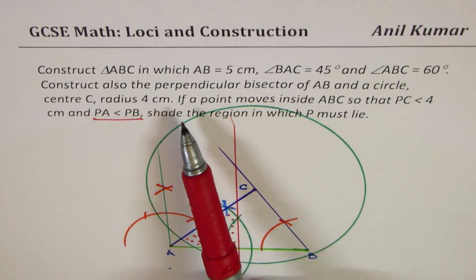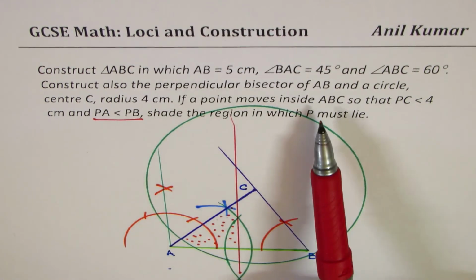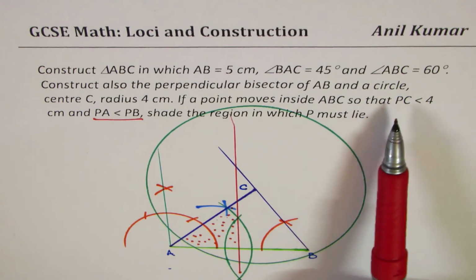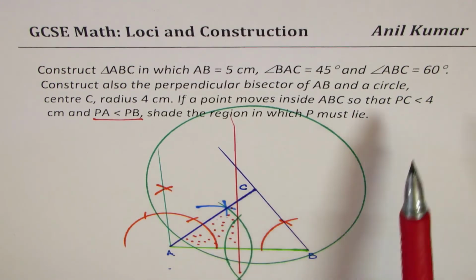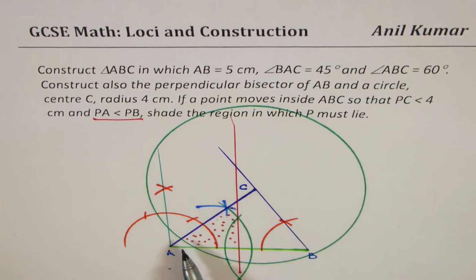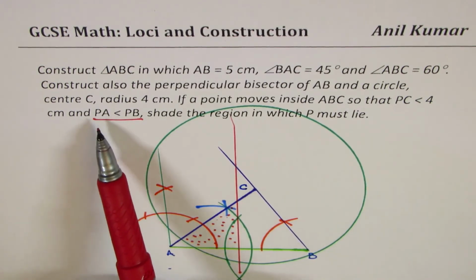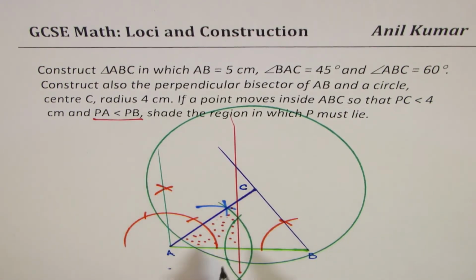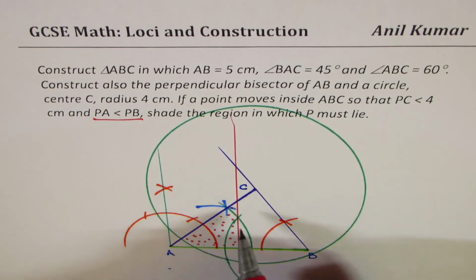So the first condition was if the point moves inside ABC so that the point's distance from C is less than 4, so not including on the circle. And the second condition is that it is closer to A than to B, so it becomes this portion. Do you see that? And it has to be within ABC, right? So it is within the triangle ABC, and it's closer to this.